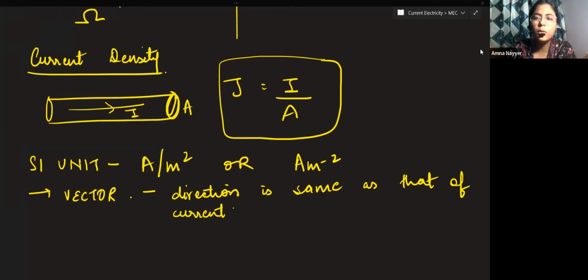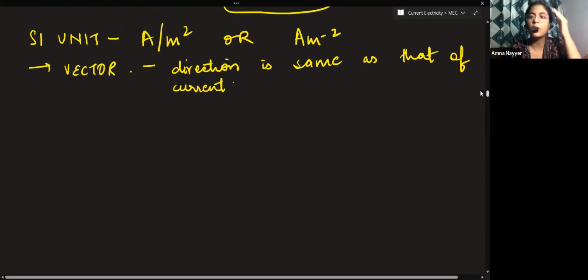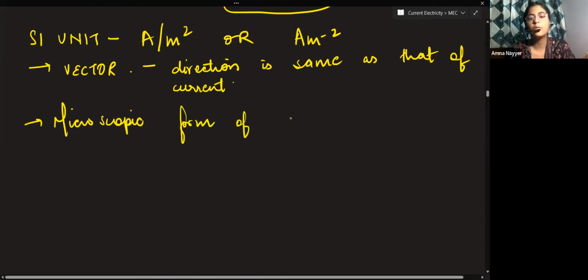Now, there is one question that always comes in your exam, microscopic form of Ohm's law. What is the microscopic form of Ohm's law? This is basically an equation connecting current density, connecting conductivity along with the electric field.